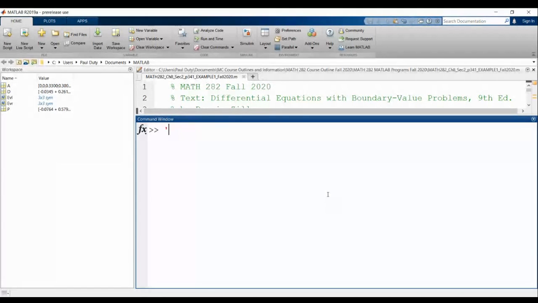So I'm going to do CLC, and there's a thing called clear vars. See on the left side how I have these variables, and that's because I was working with MATLAB today. Well, if I do clear vars, I thought it would clear the variables. One moment.